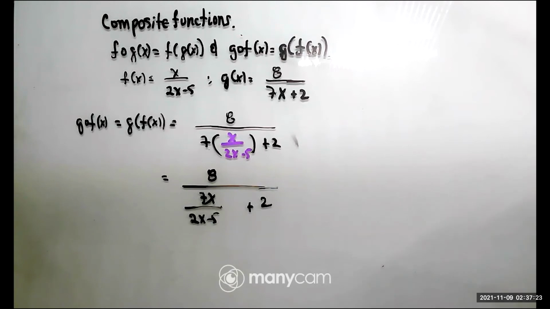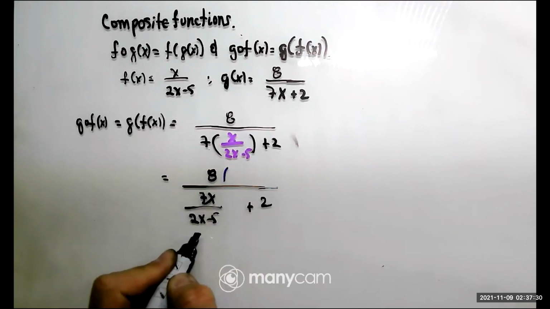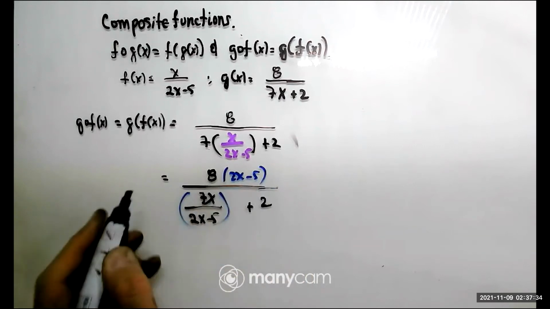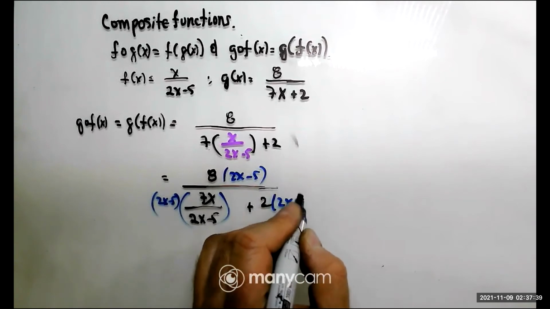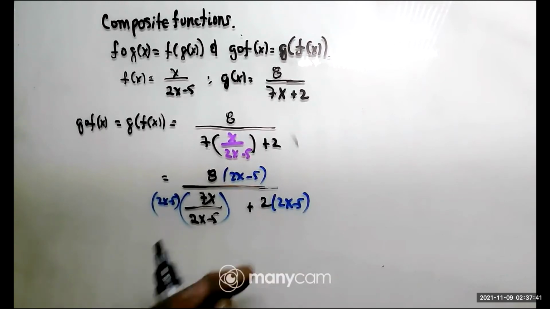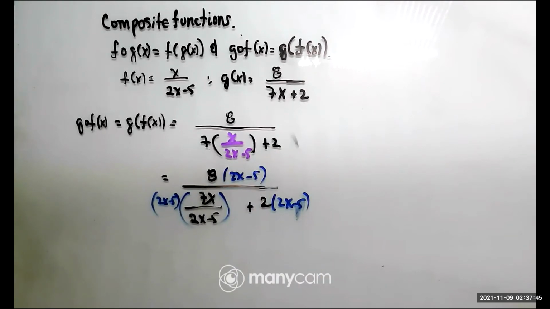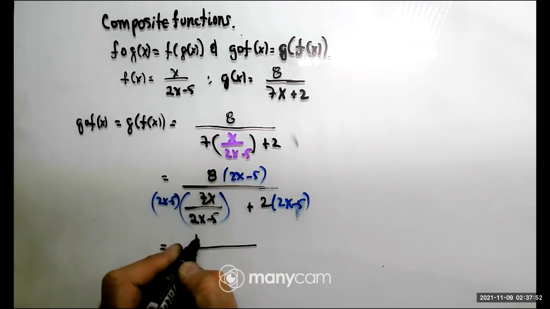And now we proceed to multiply by the least common denominator to simplify my complex fraction. I multiply the 8 with 2x minus 5, this term with 2x minus 5, this term with 2x minus 5. It's the same technique that we did before. Now I'm just writing it in every single term. And now what do we have? 8 times 2x, 16x minus 40.